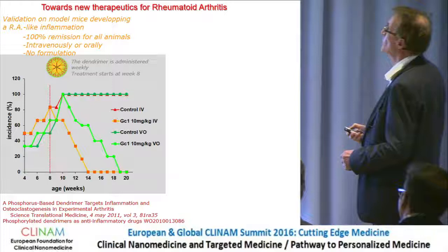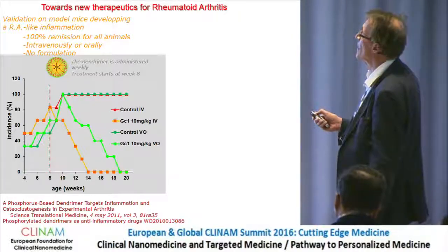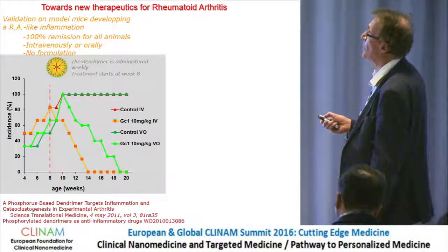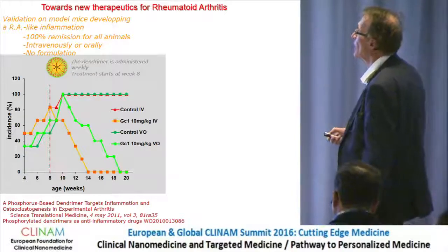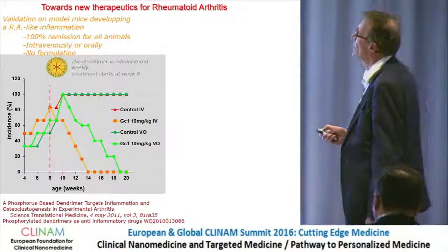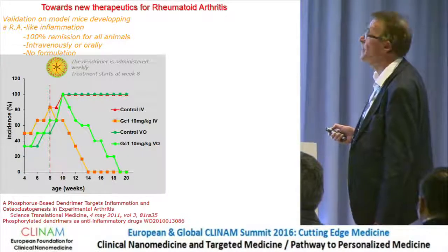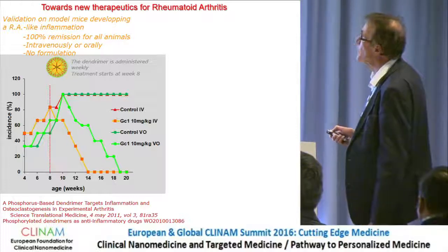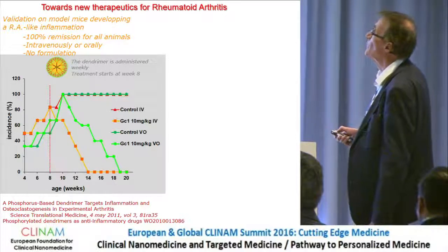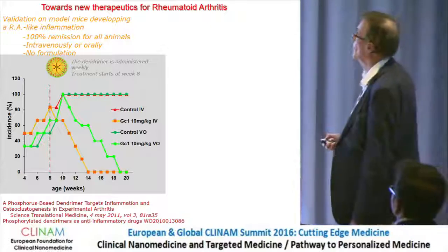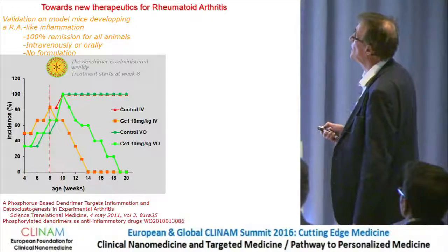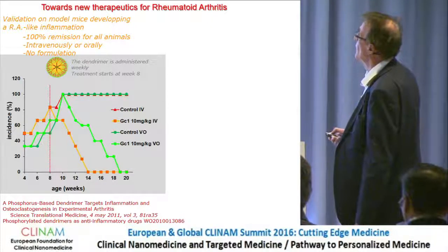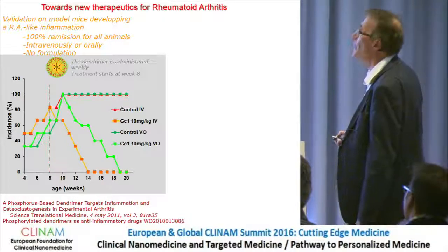Okay, so we validated this on a mouse model developing rheumatoid arthritis-like inflammation, and we observed 100% remission for all animals, working intravenously or orally and without any kind of formulation. We injected or gave orally to a mouse 10 milligrams of dendrimer once a week.